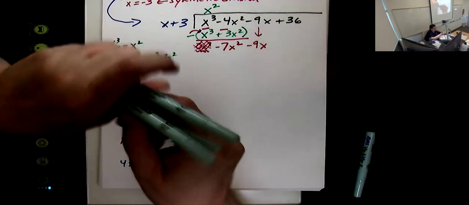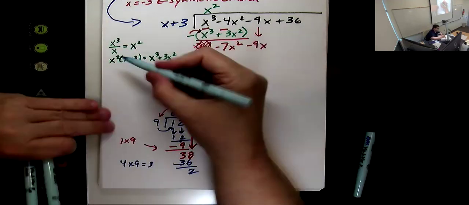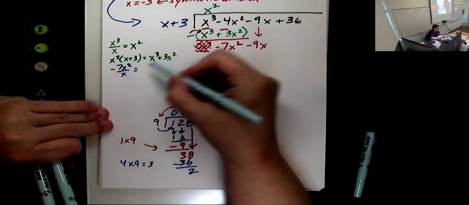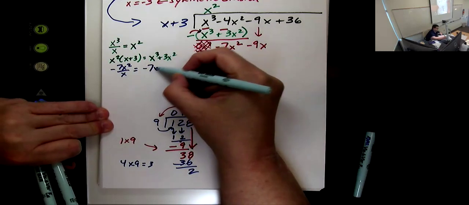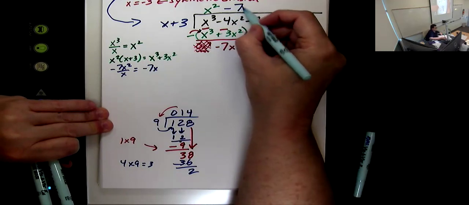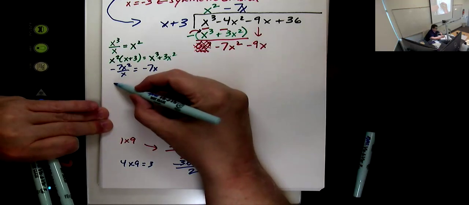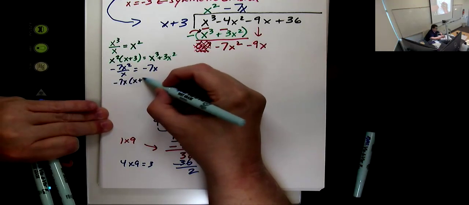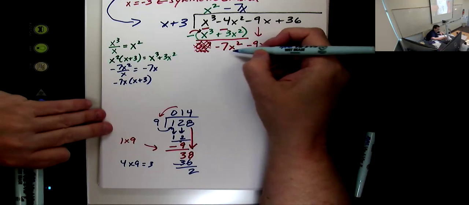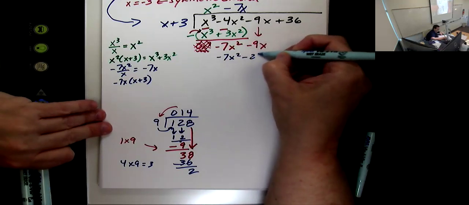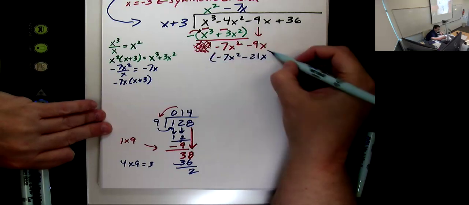Let me change colors here. -7x squared divided by X is -7x. And then I'm gonna take the -7x and multiply it by the X plus 3. And I have -7x squared minus 21x. And then we're gonna subtract that.